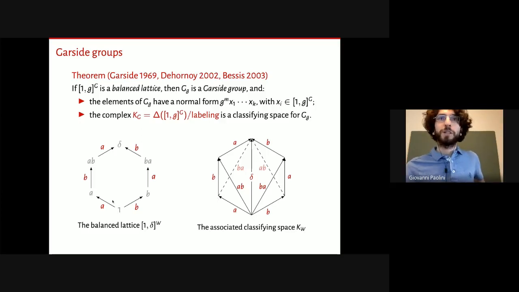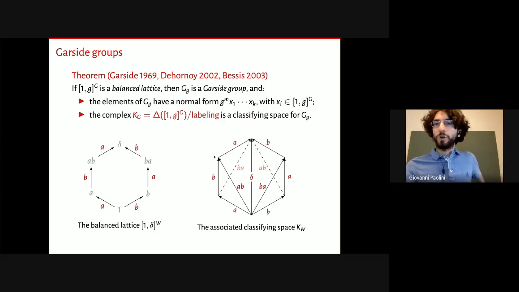So you just have to take the product of the labels of the edges that you go through. So each of these edges is going to be labeled, and we take the quotient. So we glue together edges that have the same labels. For example, we have one A here, then another A here, and a third one here. All these A edges are going to be glued together.